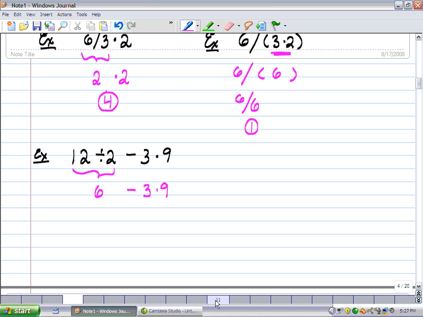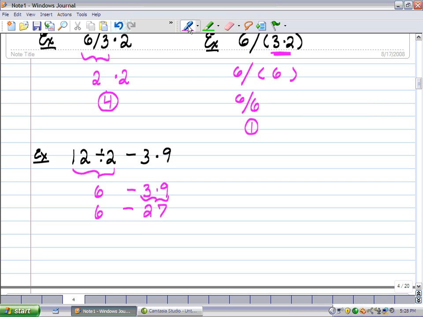And then next, I'm going to do the multiplication. So 3 times 9 is 27, or if you want to think of it as negative 3 times 9, that would be negative 27. Seeing that there is no interference in between doing this portion and this portion, I could have actually done them together and done the 12 divided by 2 is 6, minus, and the 3 times 9 is 27.